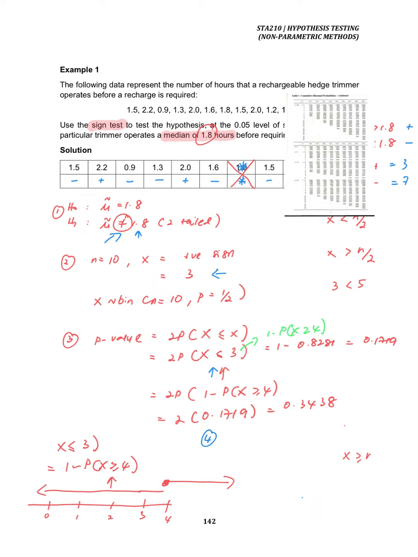Reject H0 if P value less than or equal alpha, right? Okay, so since P value kita adalah 0.3438 is greater than alpha 0.05, then we fail to reject the null hypothesis.